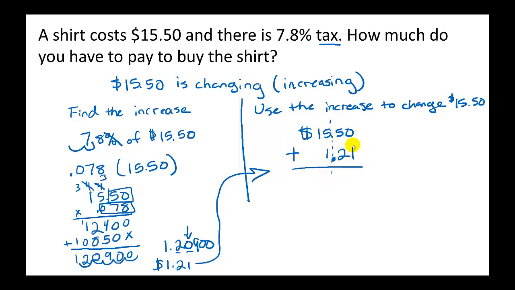And then we can add 0 plus 1 is 1, 5 plus 2 is 7, bring down the decimal. 5 plus 1 is 6, and bring down the 1. So we see that our shirt costing $15.50 with the tax means we actually have to pay $16.71 for the shirt.